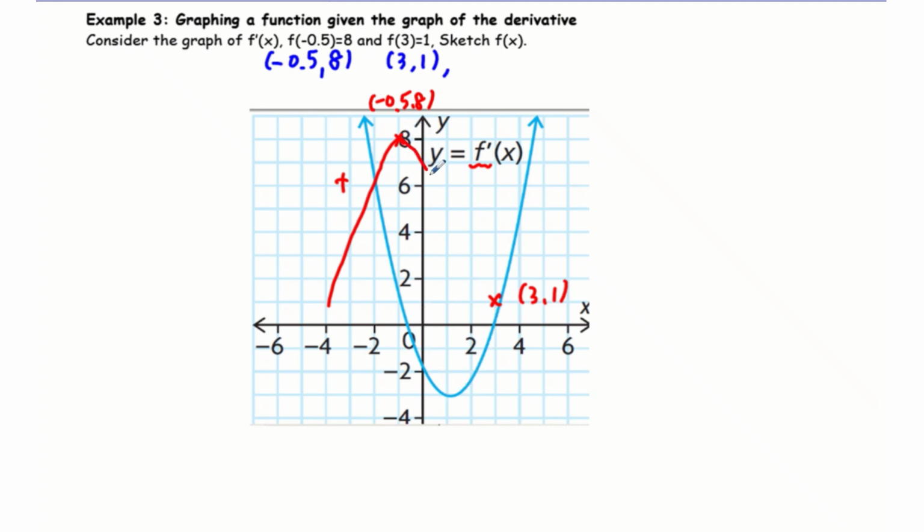It's going down from left to right, decreasing. And after that, it's positive again, so it's increasing. The slope is positive. So this is how we do the graph. We call this our function f at x. We don't know where it ends, it just keeps going.